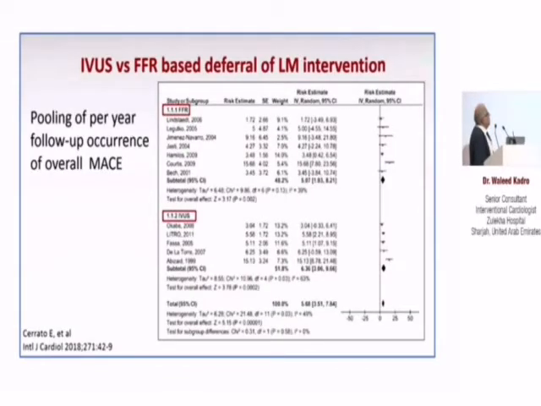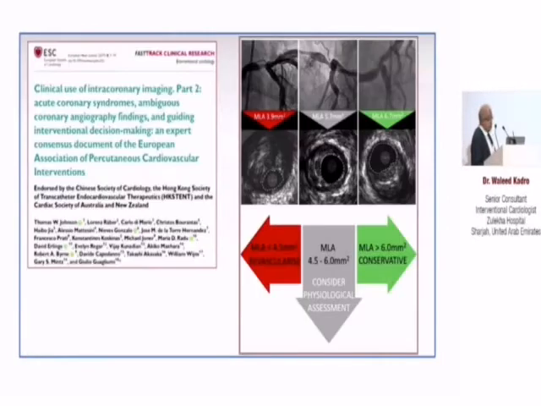Whether you use FFR or IVUS, the results are the same in the long term for assessing the severity and the functional severity of the left main. However, in the consensus, which was published about 2 years ago in 2018, they really agreed on the minimum lumen area of 6 square millimeters.